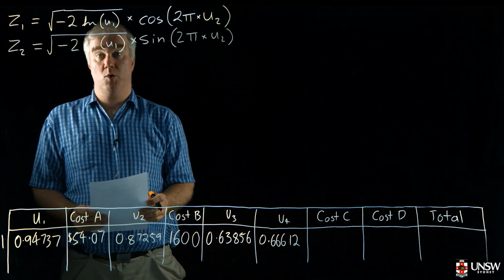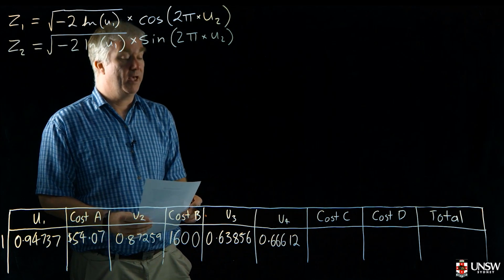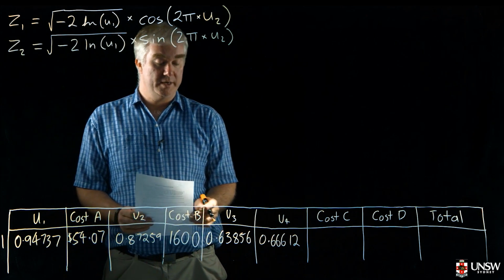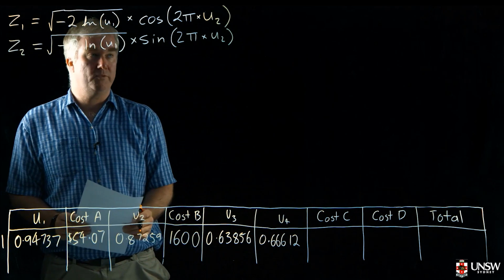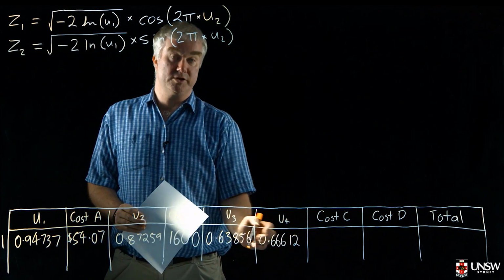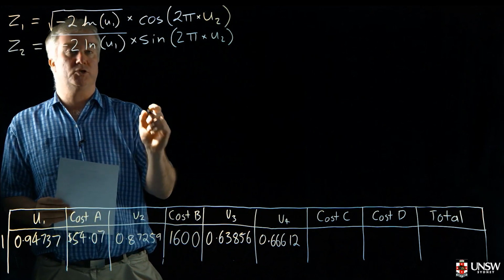So we need to know what U1 and U2 are. Once again, we'll look up our graph and we'll find out that U1 is going to be 0.63856 and U2, we're going to use the fourth number in the table, which is 0.66612.